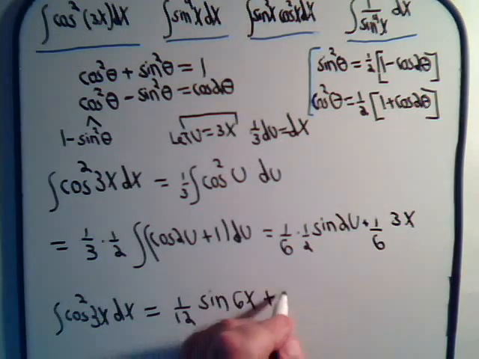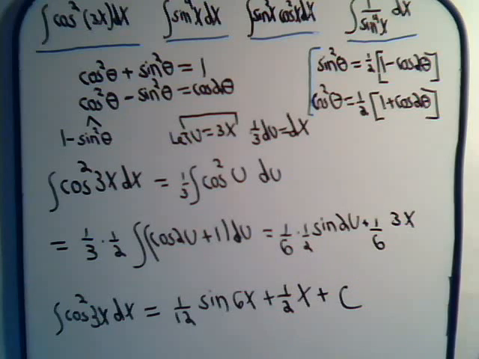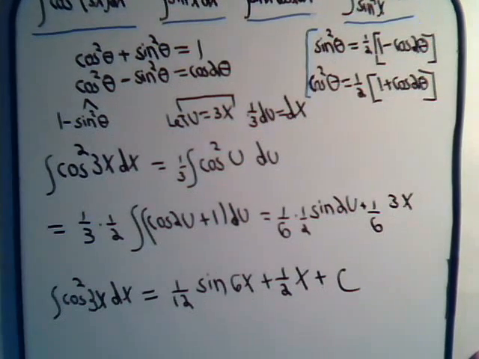So 3 divided by 6 is 1/2. So that would be the integral here. The integral of cosine squared of 3x is 1/12 times the sine of 6x plus 1/2 x plus a constant.